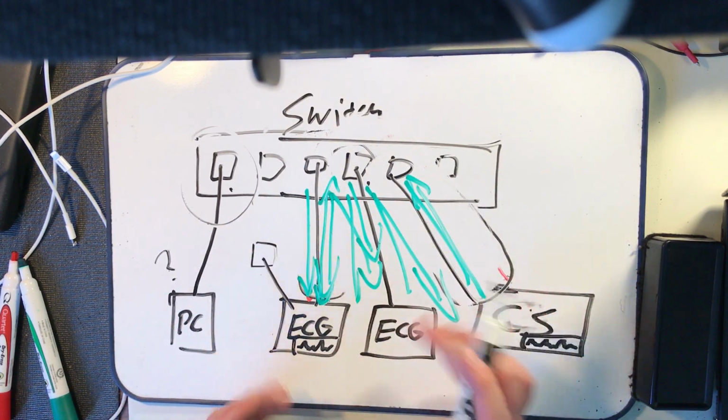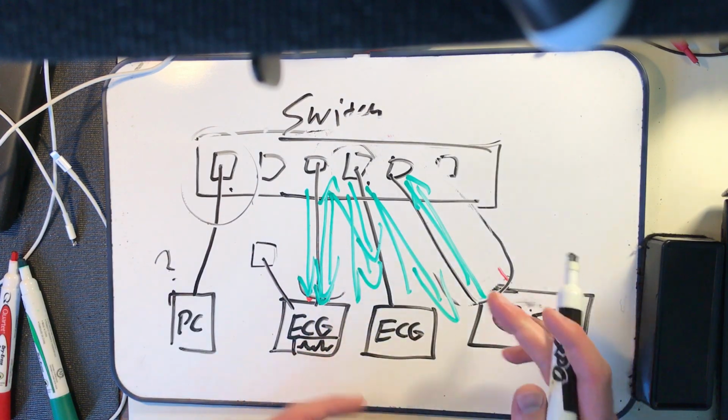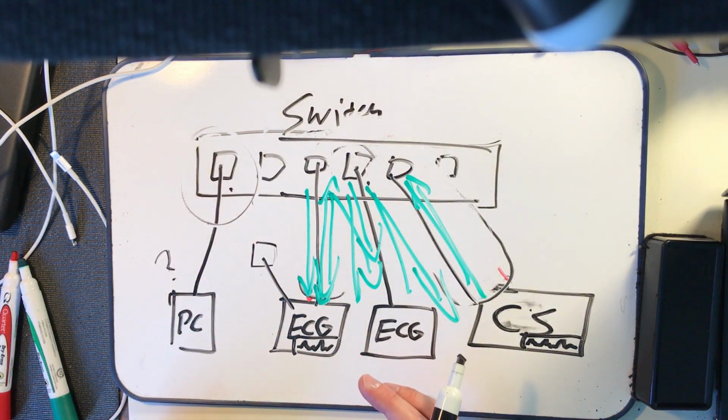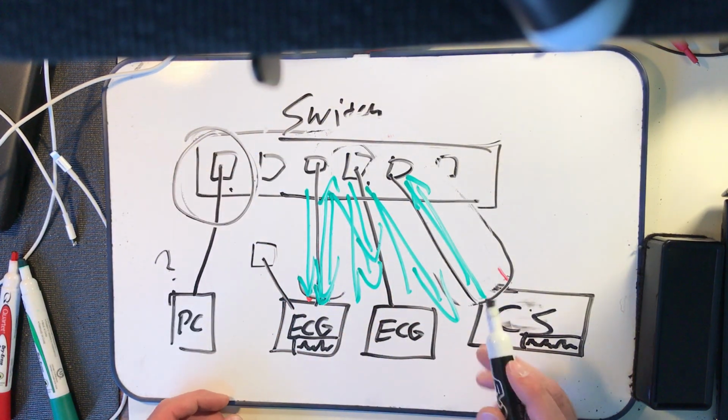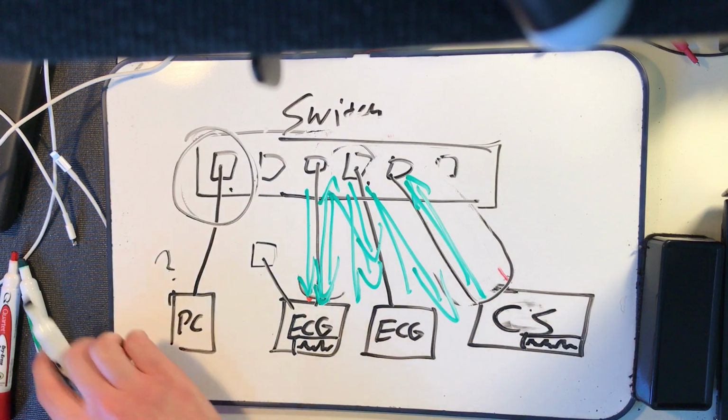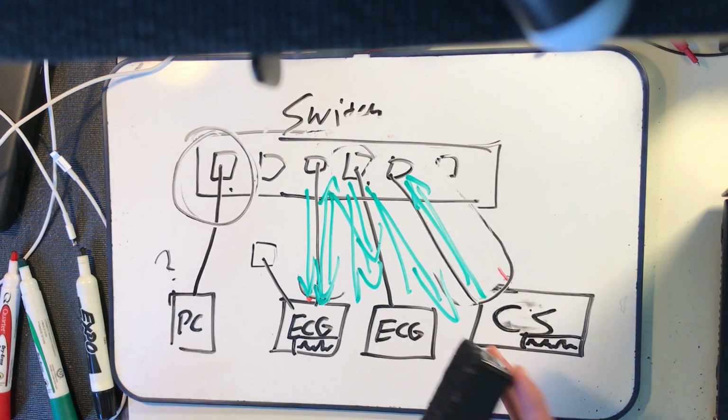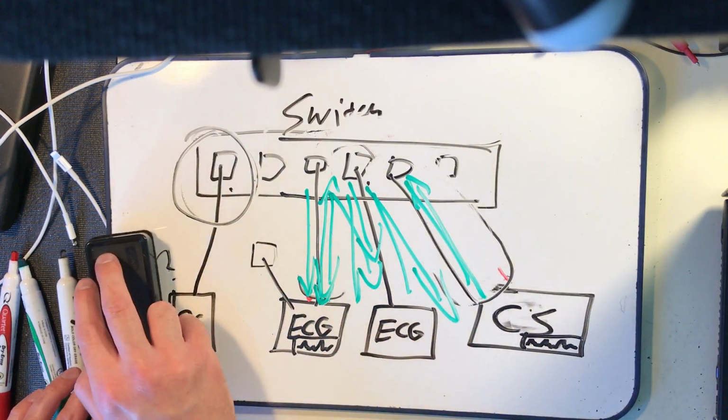Now, if there's an issue with this, or we just want to look at the data that's being sent, our PC has no way to do that because it's never going to be the intended recipient of this information under normal circumstances. So the way we could view this information, let me redraw this.